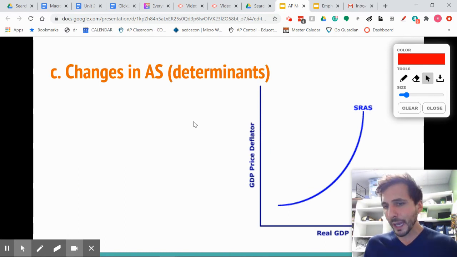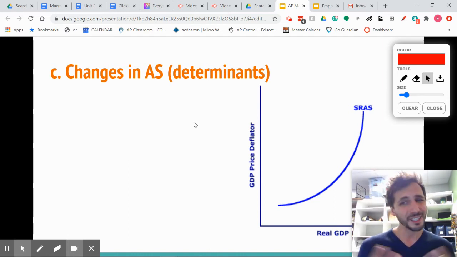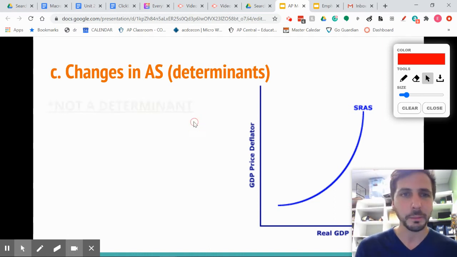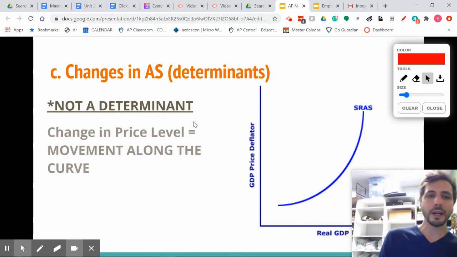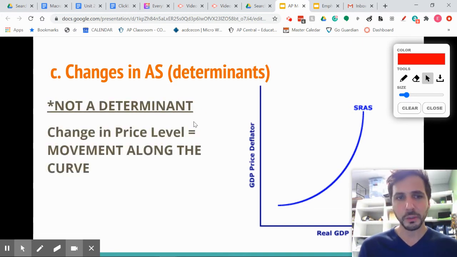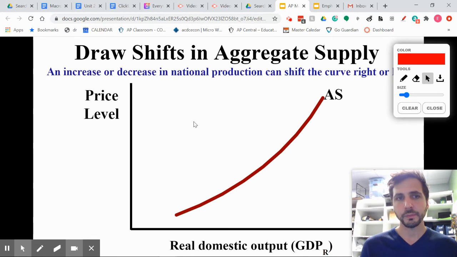So what changes aggregate supply? Well, we know change in price level will change profitability, which changes the quantity of aggregate supply businesses provide. Just like a change in price in a market will change the profitability for a firm, and so it'll change the quantity supplied that they provide to the market. Same idea, just the entire economy. So remember, price level, not a determinant. It's just going to be movement along the curve.